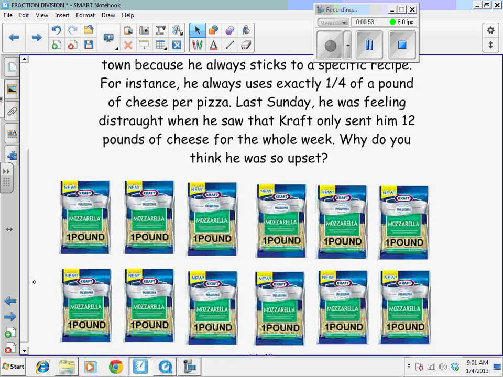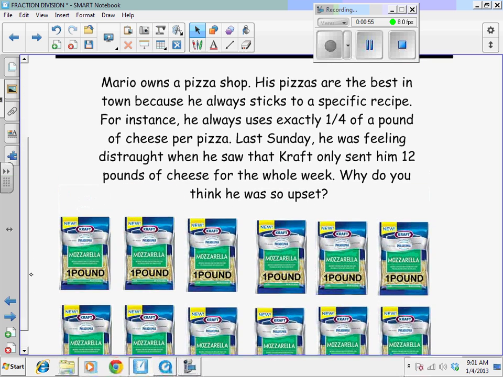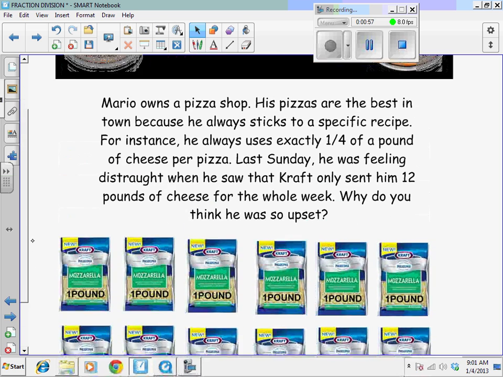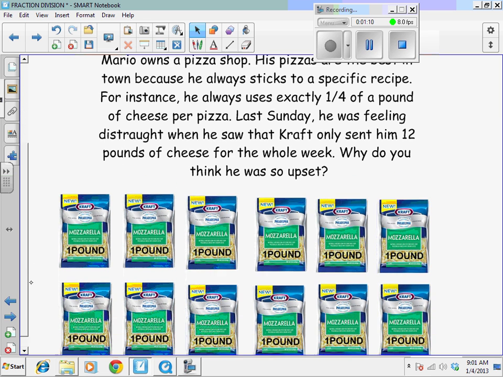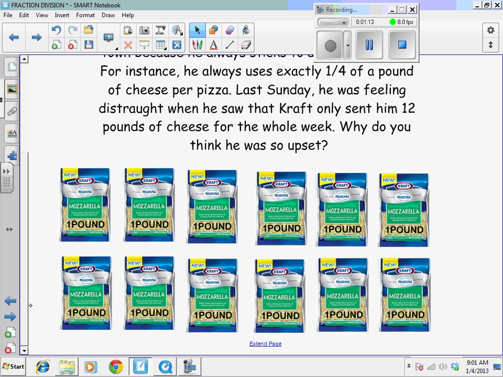All right. Why do you think Mario was so upset that he only got 12 pounds of cheese, for 1/4 of a pound of cheese per pizza? Well, what will we have to do here?